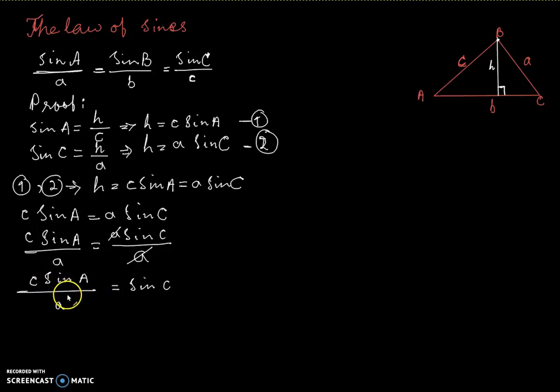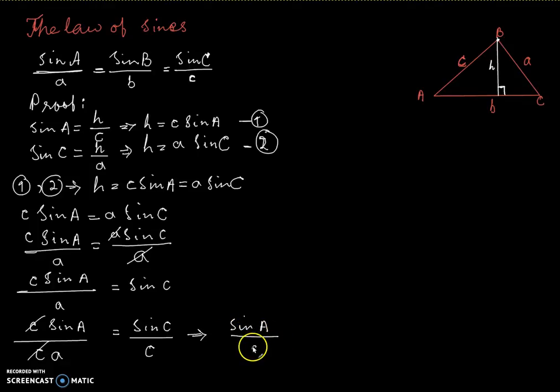Now if I divide both sides of this equation by c, I would get c sine A divided by c a is equal to sine C divided by c, and then these two would cancel out, and then you would have sine A divided by a is equal to sine C divided by c.